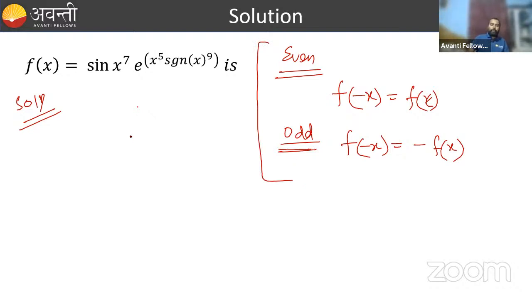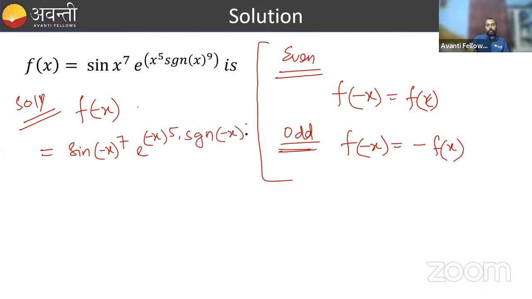Now, in the given question, in place of x we take minus x, so f of minus x will be sine of minus x to the power 7 into e to the power minus x to the power 5 into signum of minus x to the power 9.